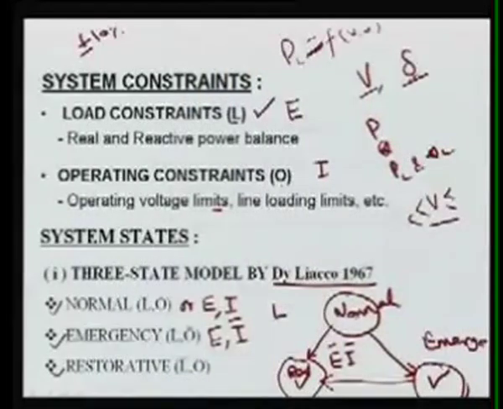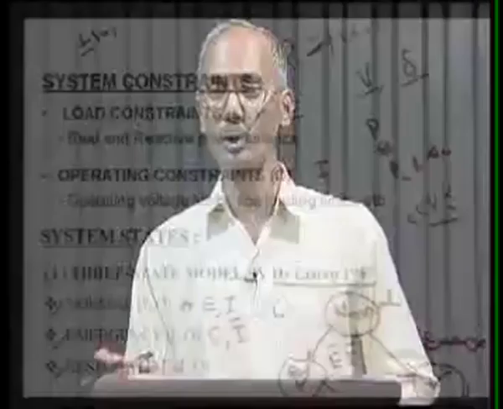We think about whether, if a contingency occurs and your system is still in the normal state, meaning both equality and inequality constraints are satisfied, then we can say your system is secure. Presently in the normal state, in the event of any credible contingency, if your system is again in the normal state, then we can say our power system is secure.